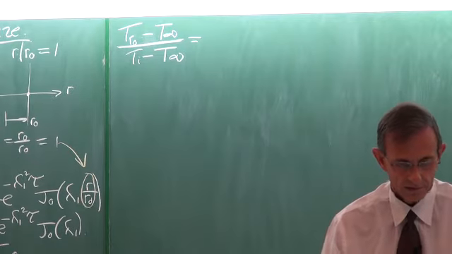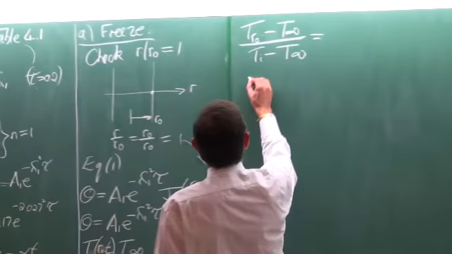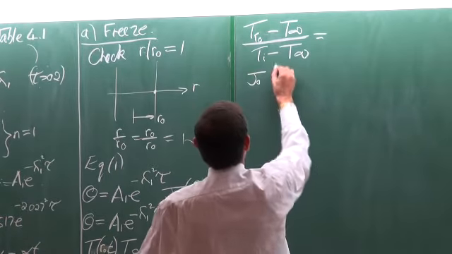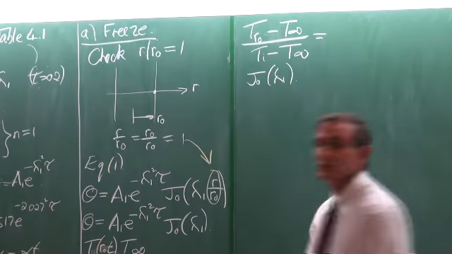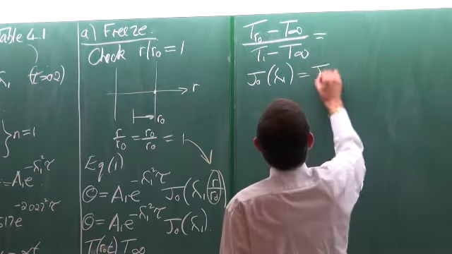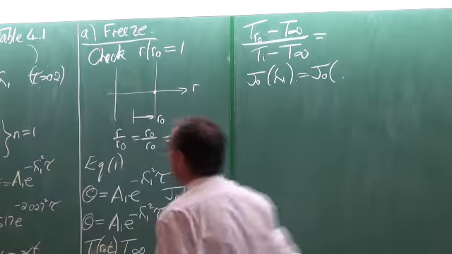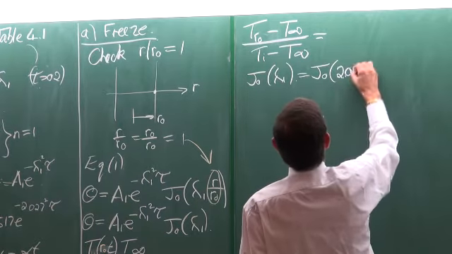Now, in terms of this term, J0 of lambda 1 that we need, that would be J0 at the point 2.027.